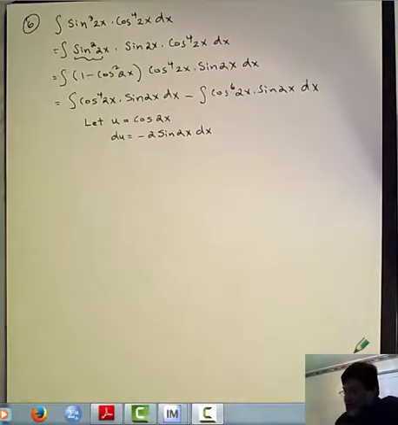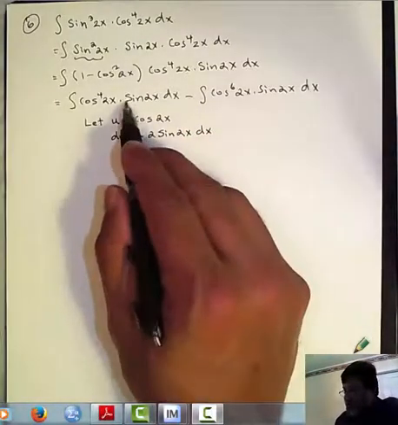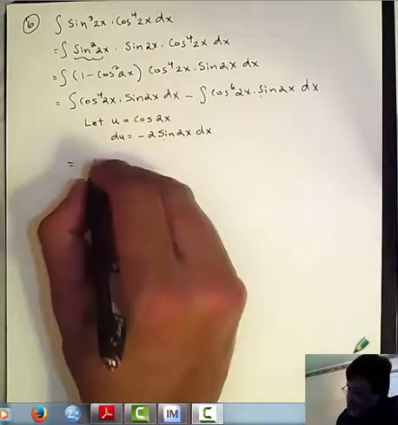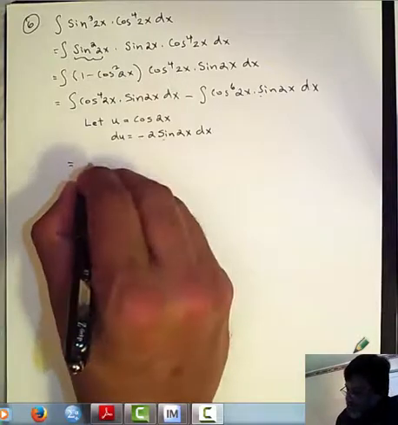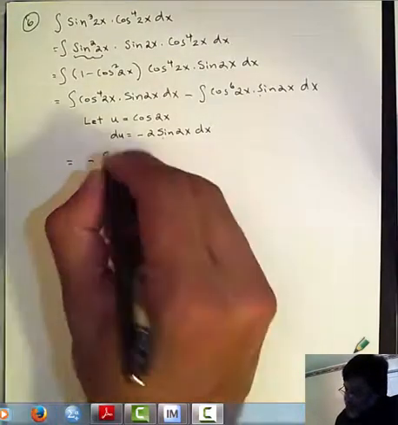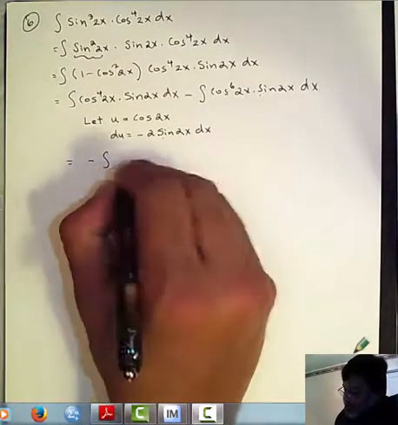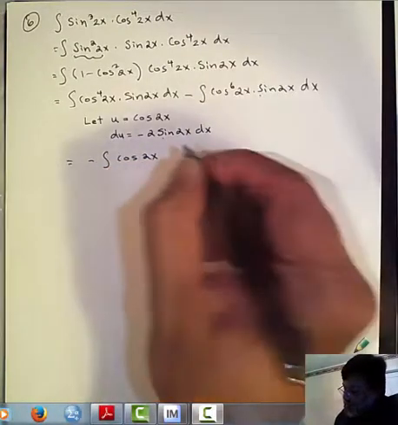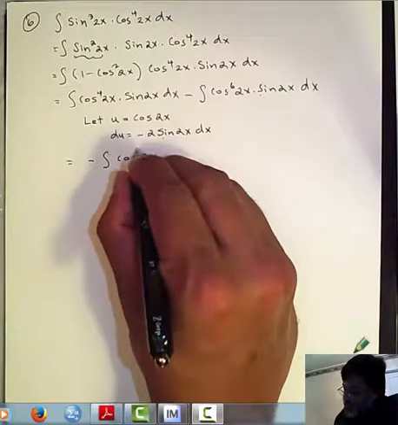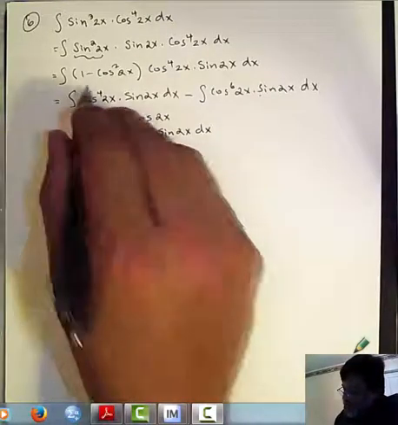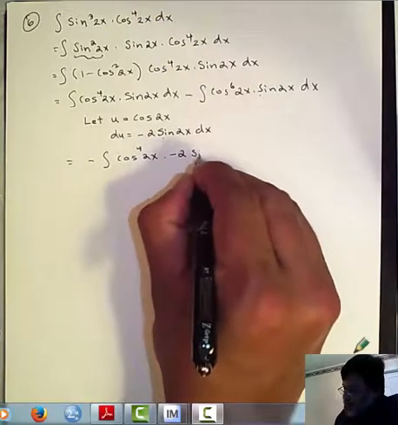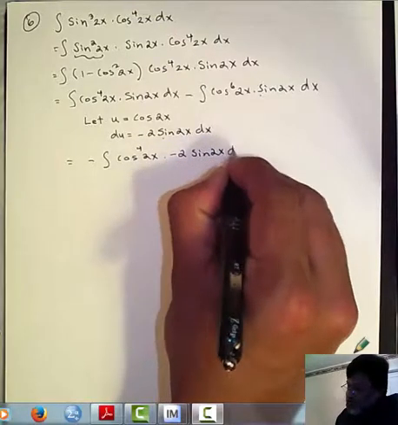So we can make this u substitution here and here, and if we do that, we're bringing in a negative, and make that cosine 2x to the fourth power. That's the first part. And I brought in a negative 2 sine of 2x dx. So let's see what we got extra.